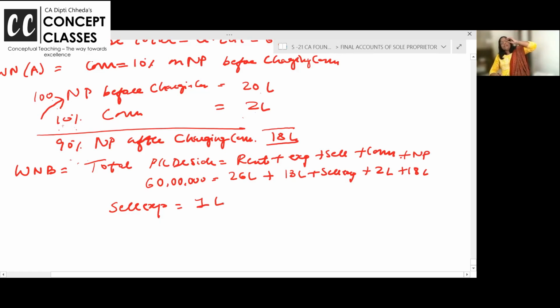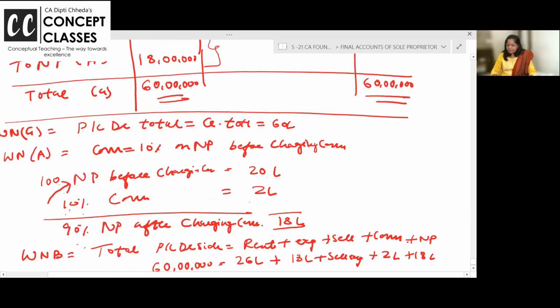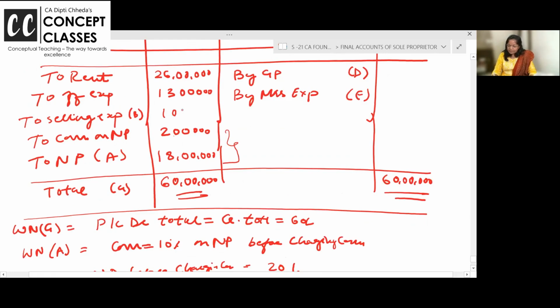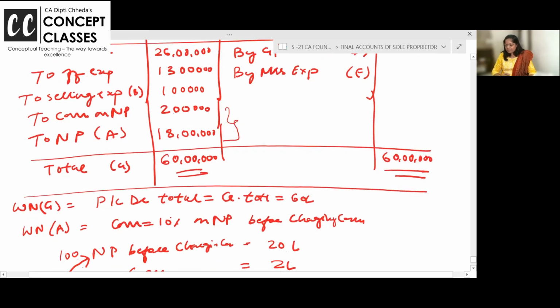The total of the whole debit side is 60 lakhs and selling expenses is the balancing figure. It will come 1 lakh. This you have got as balancing figure. If you want, you can underline.